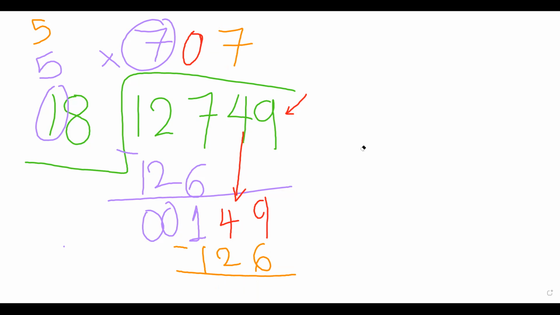Then 9 minus 6, 3. 4 minus 2, 2. Now 23 here is greater than 18. So 7 is not working. So let's try number 8.